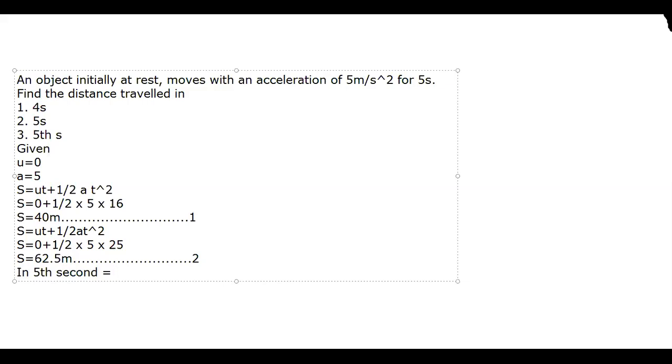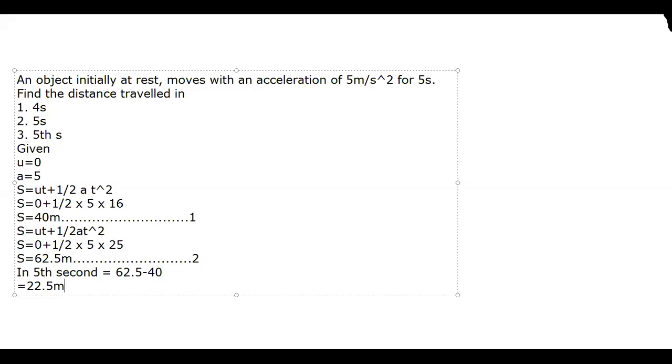Distance traveled after 5 minus distance traveled after 4, which will be 62.5 minus 40. So the distance traveled in the 5th second is equal to 22.5 meters. Are you getting it?